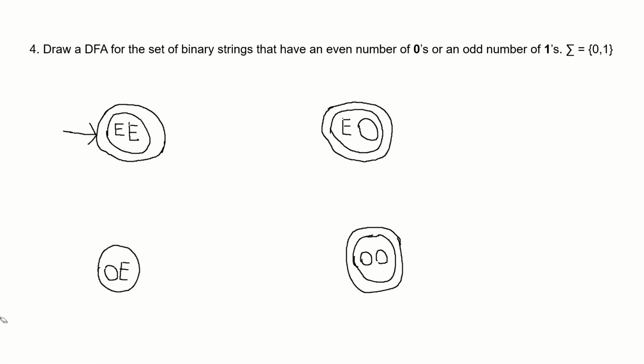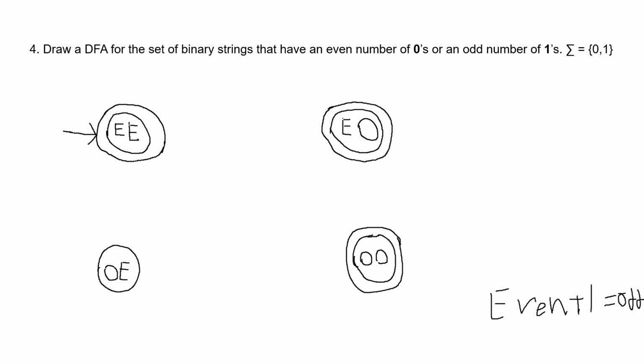Okay, so now from even 0, even 1, in this state the number of 0 is even, right? So if we get another 0, then the number of 0 will become odd, because even plus 1 equals odd.